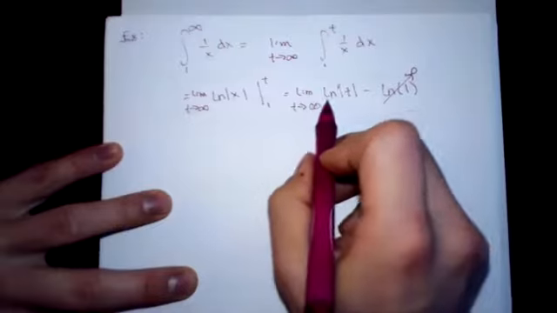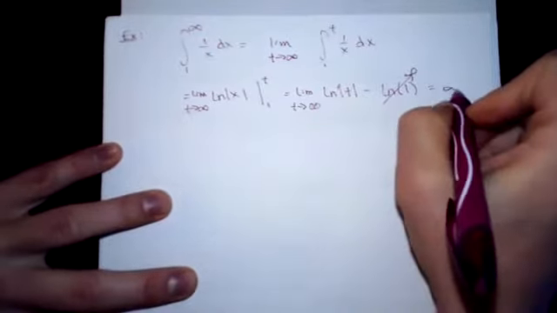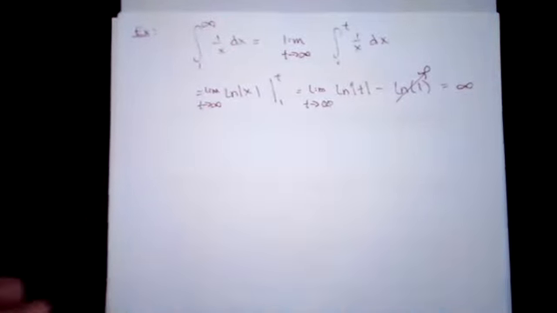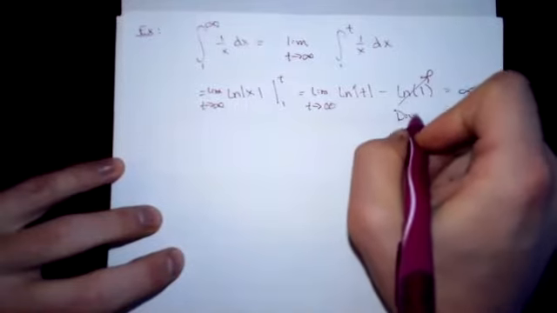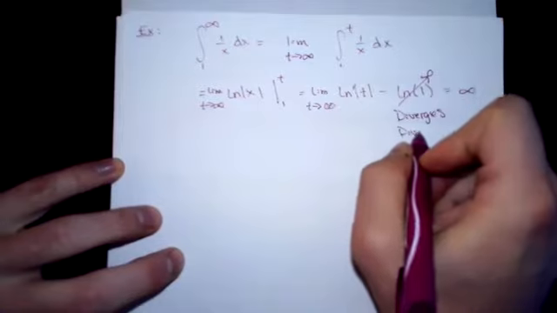But what's going to happen here as t goes to infinity? Natural log is going to go off to infinity itself. So here we get infinity, which means it diverges, or is divergent.